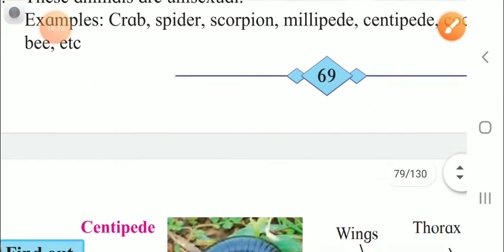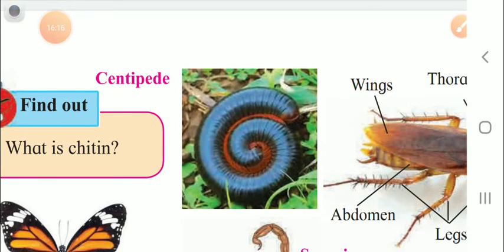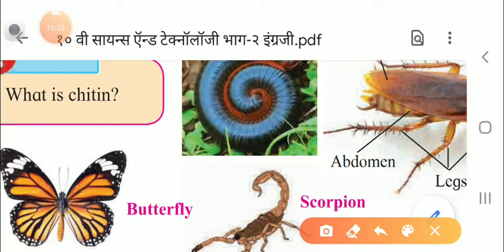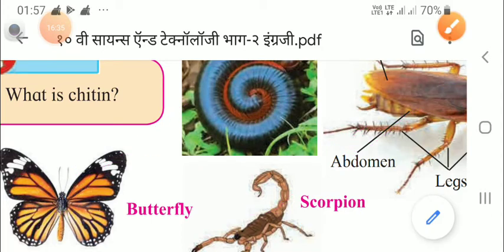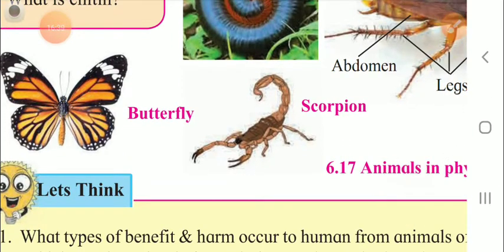Now let us see the examples here, children. Their figures are there. You can see here. This is a snail. In the rainy season, mostly you can see a black colored organism inside the shell. Then this cockroach is there. Then scorpion is there. Butterfly is there. These all are present in this phylum Arthropoda.